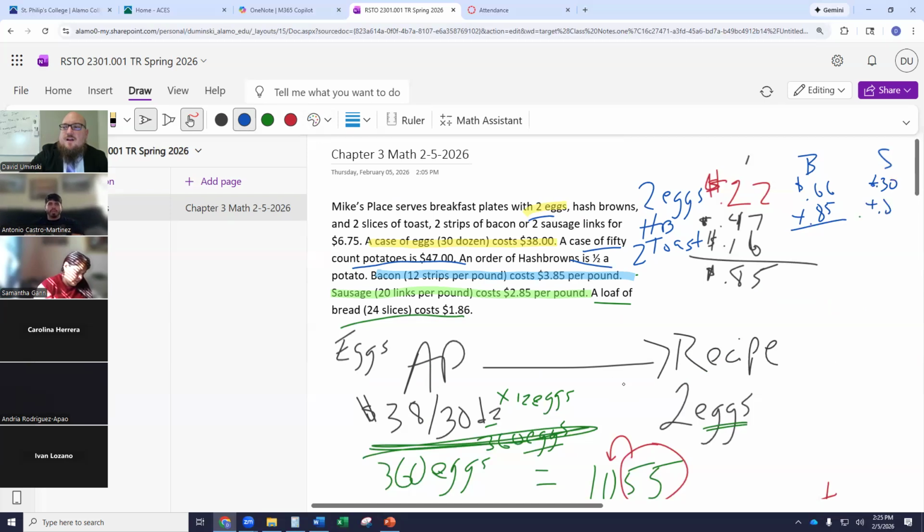Plus the 85. So what is that? $1.51 for the bacon. And what about the sausage? $1.15. There we go. Yep, $1.15. Perfect. Awesome.